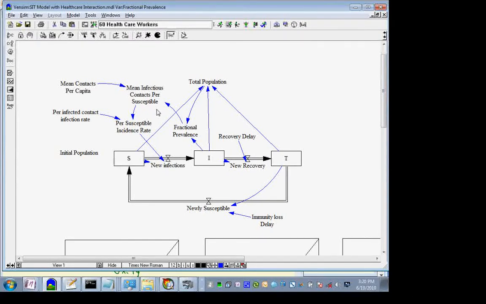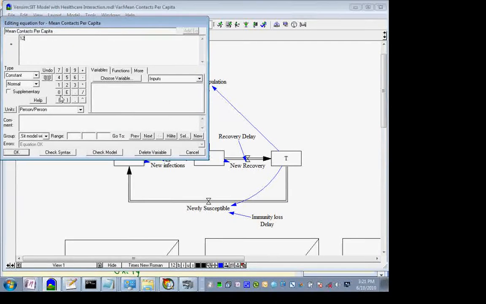Number of contacts measured as persons per person in the population per unit of time. And that won't matter because you could measure in people or thousands of people or hundreds of thousands. You could measure both the denominator and the numerator, and they'll cancel out. So actually this here is person per day.